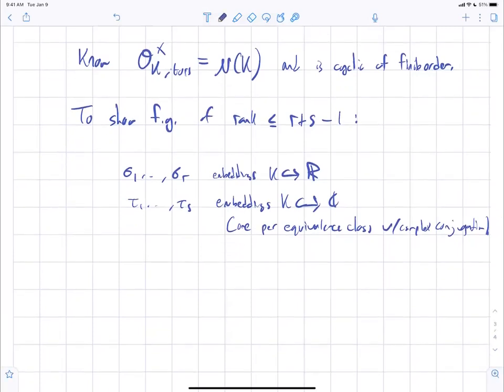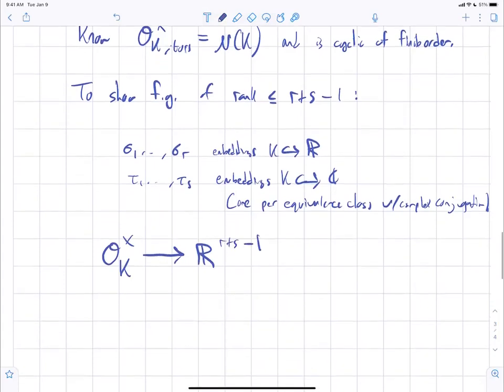What we're actually going to do is send O_K cross to R to the r plus s minus 1, and we're going to send an element to the set of the logarithms of its absolute values under these embeddings.